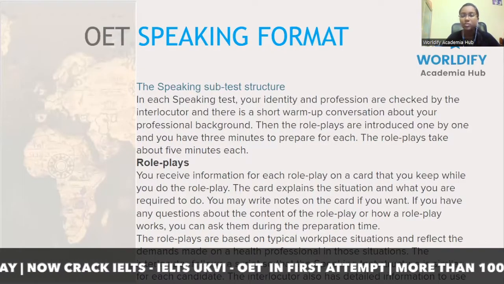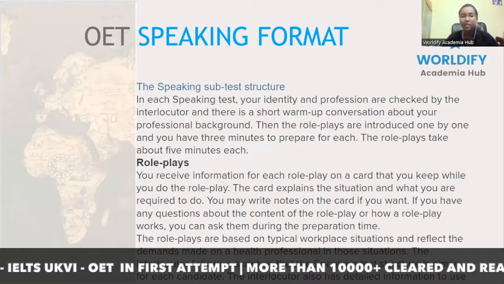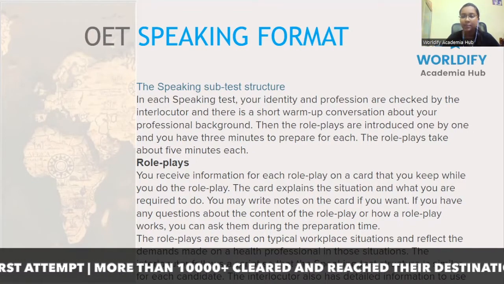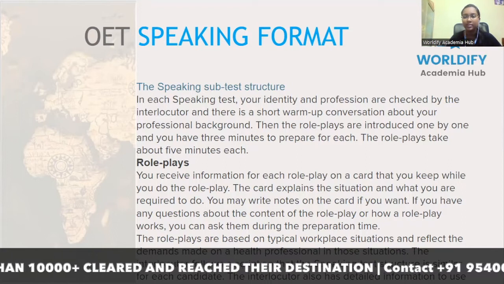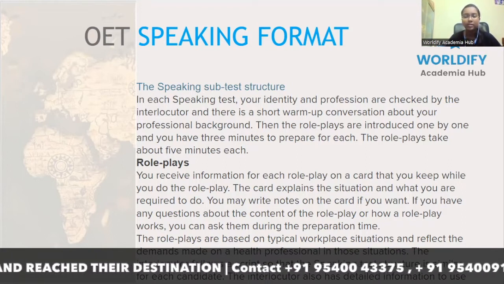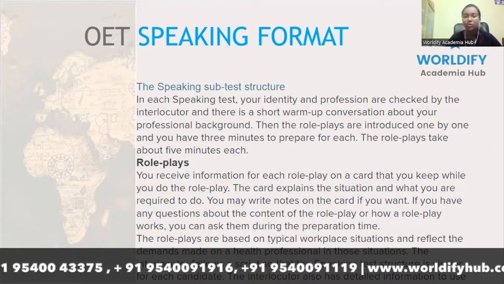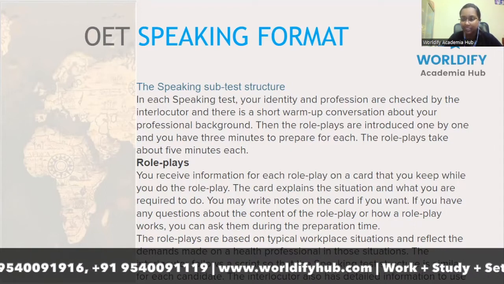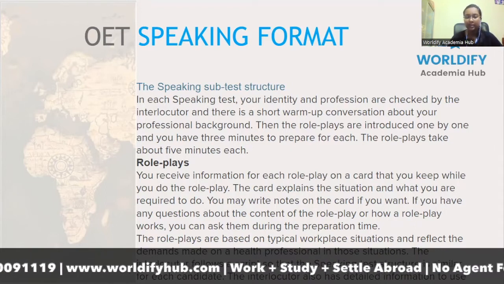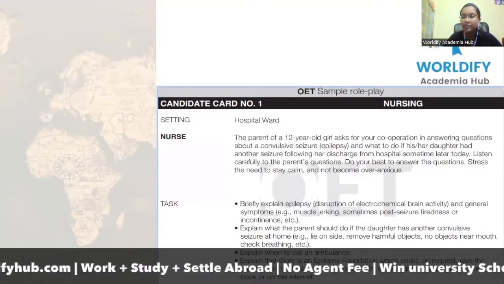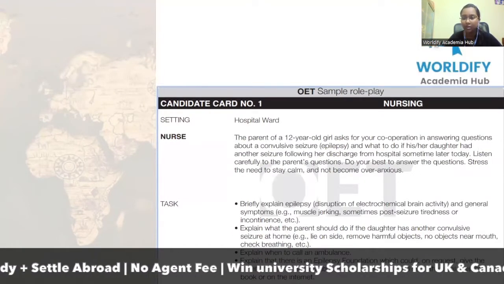Yes. So next one is OET speaking. In OET speaking, your speaking ability will be the most important one that's getting assessed. Okay, so you'll be having 2 role plays that you're supposed to do. They give you a preparation time. They give you a role play card like this, and you'll be taking up the role play as a professional person.